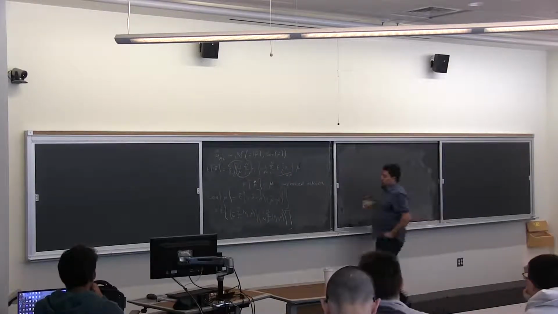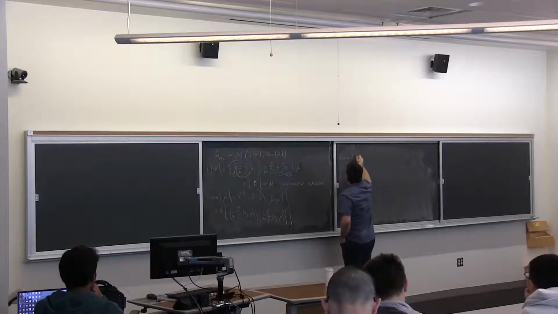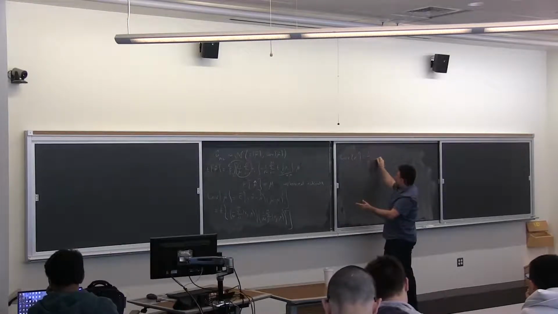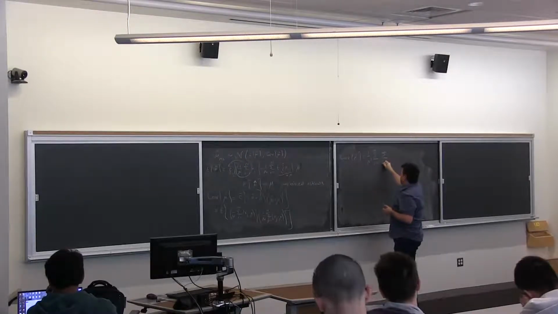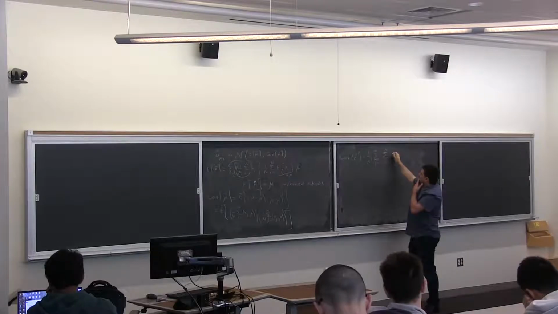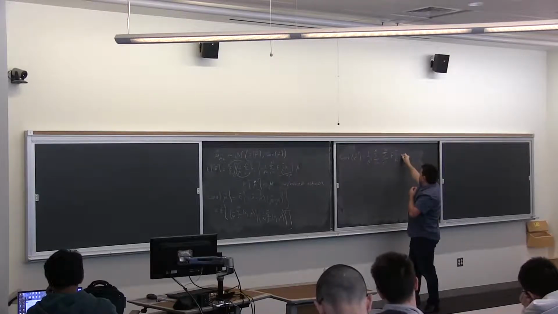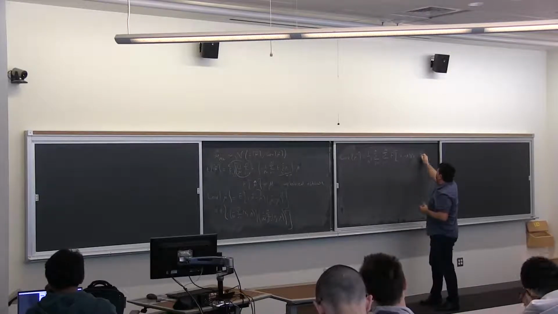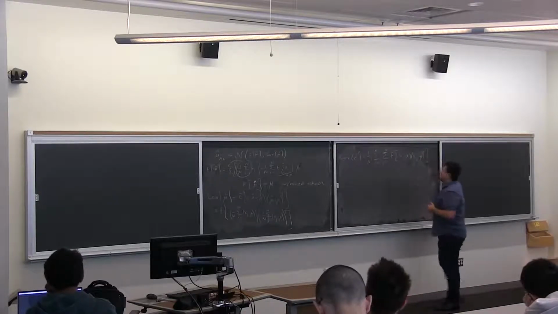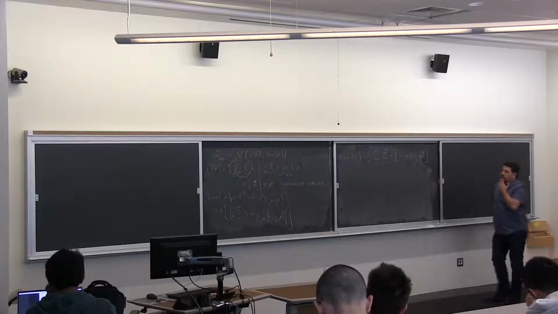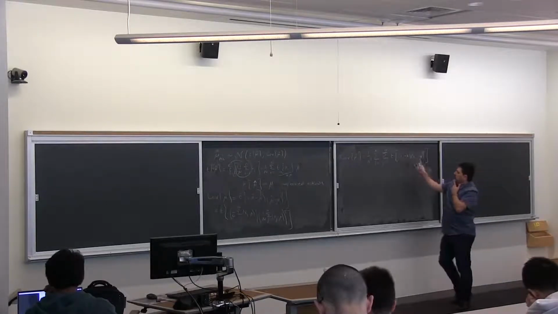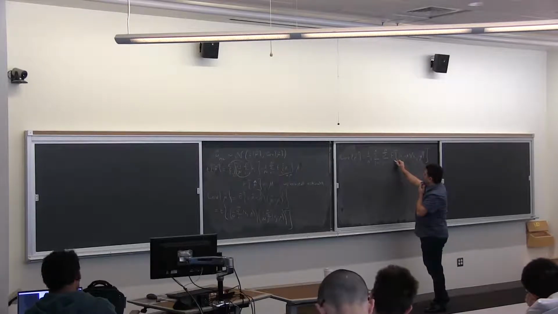So covariance of mu hat is equal to 1 over n squared summation over i over j expected value of xi minus mu times xj minus mu transpose. That's the covariance of x for every i and j. This is expectation over the whole data set.